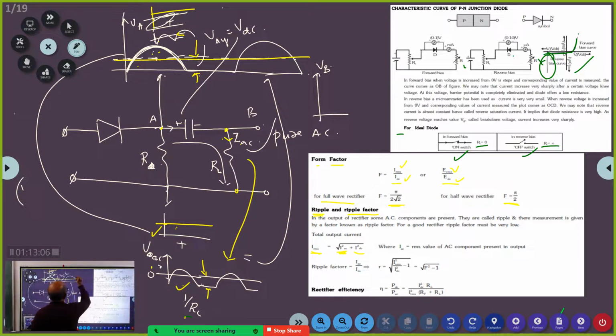Your point is correct. IAC means what? Good, ask your doubt properly. Sir, I did not understand what that IAC is. IAC means the RMS value of the AC component.